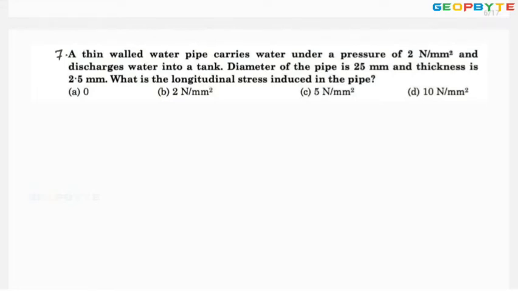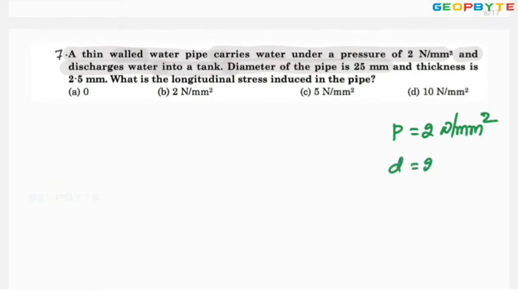Next problem. A thin walled water pipe carries water under a pressure of the water given 2 Newton per mm square and discharges water into a tank. Diameter of the pipe is 25 mm.